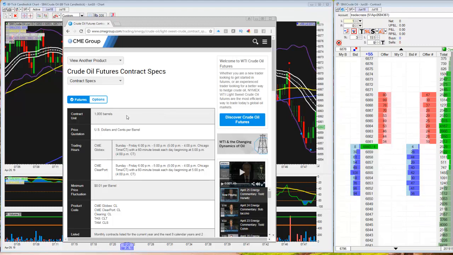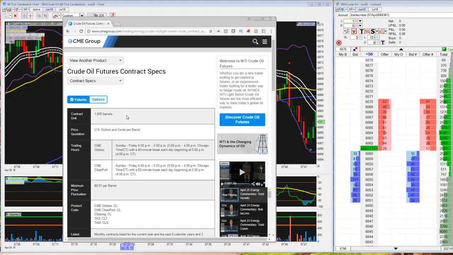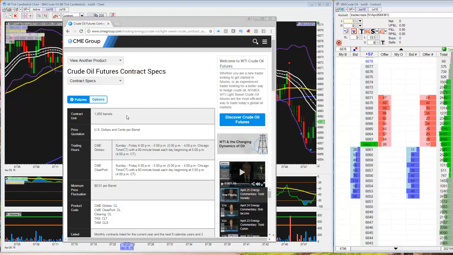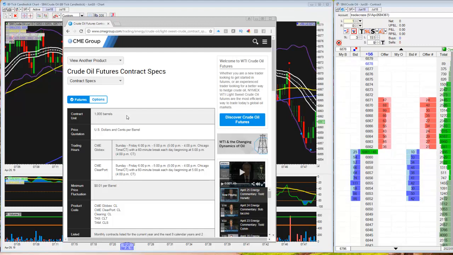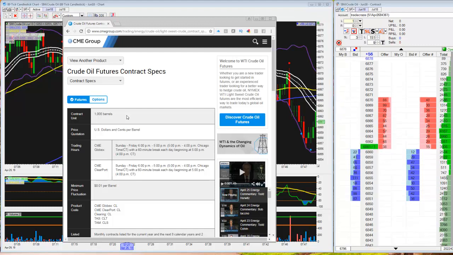And you can say that you're trading $1 million by trading about 15 or 16 contracts. You'd be trading around $1 million worth of movement in the futures.